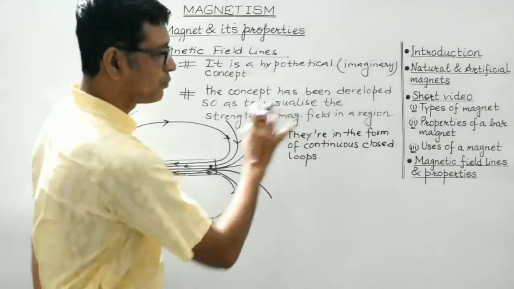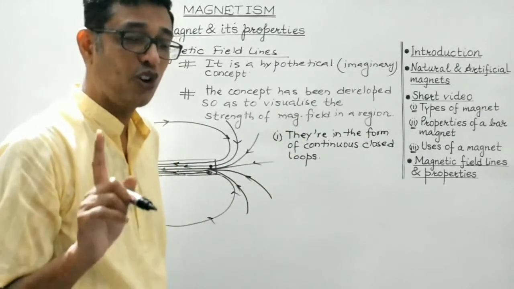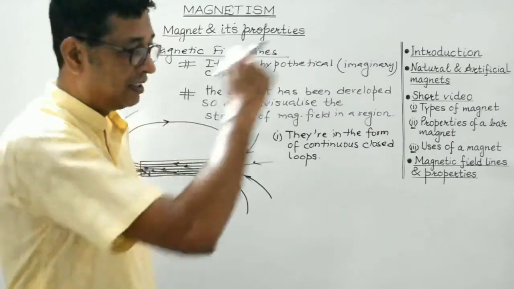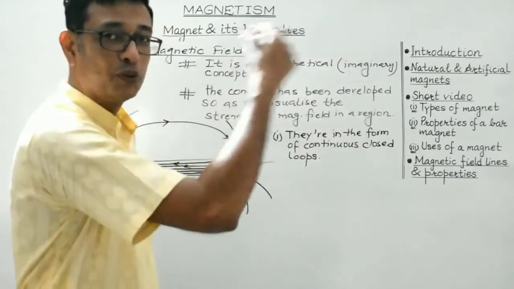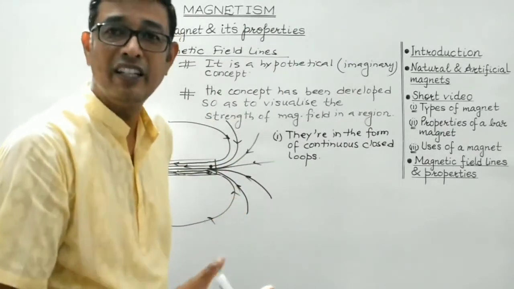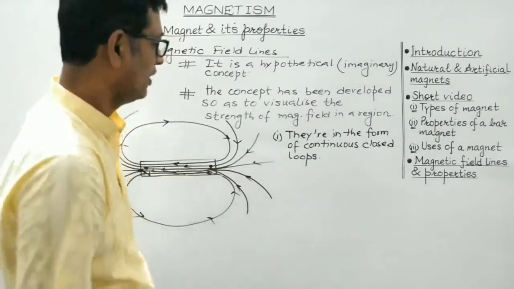So that's the first property. Magnetic field lines are always in the form of continuous closed loops. So they neither have any starting point nor do they have any terminating or end point.